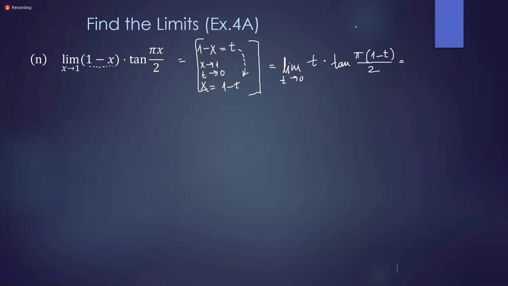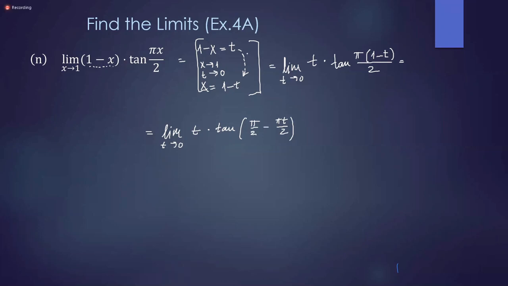Now I am going to change this a little bit. Opening the parentheses, I will have pi divided by 2 minus pi times t divided by 2. I'm simply splitting this. And now again, we have some trigonometry remaining to deal with.